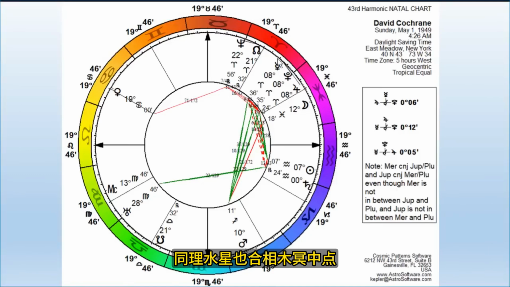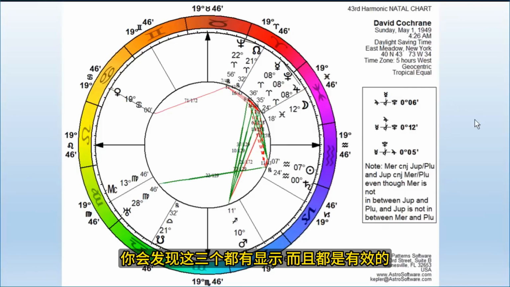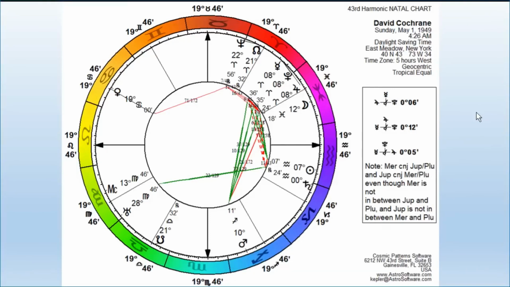And similarly, Mercury's the midpoint of Jupiter and Pluto. All three midpoint structures are there, and when you look at the midpoint trees produced by the Kepler or Sirius program, and I think other programs do it the same way, all three show up and all three are valid.